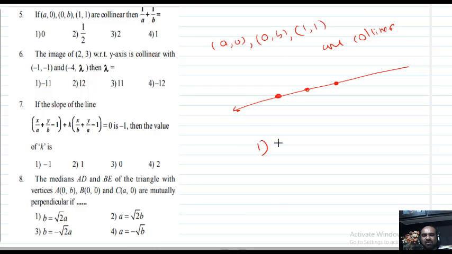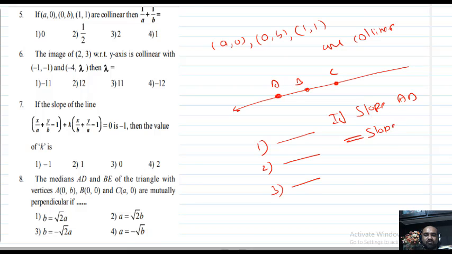First method is by using the distance formula. Second one is the area concept. Third is the slope concept. For example, A, B, C are three distinct points. If slope of AB equals slope of BC, then directly I can say that A, B, C are collinear.